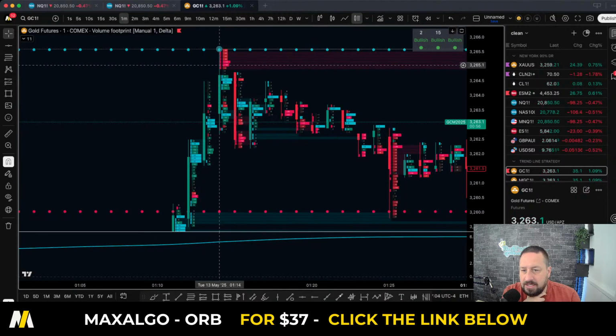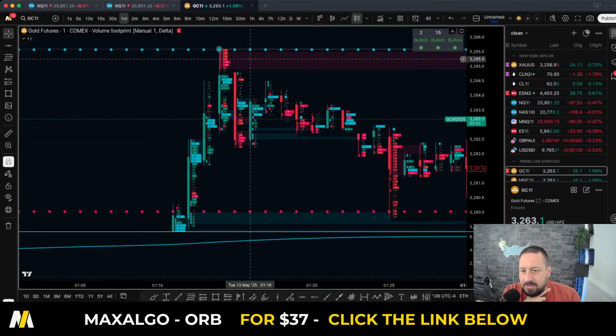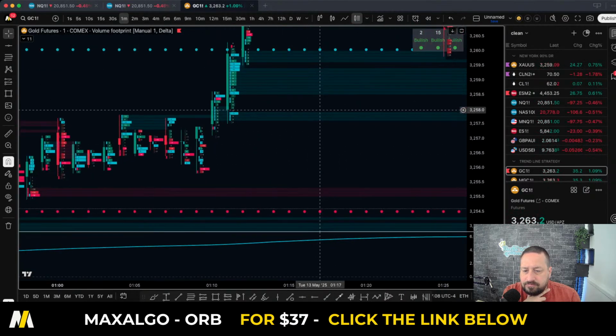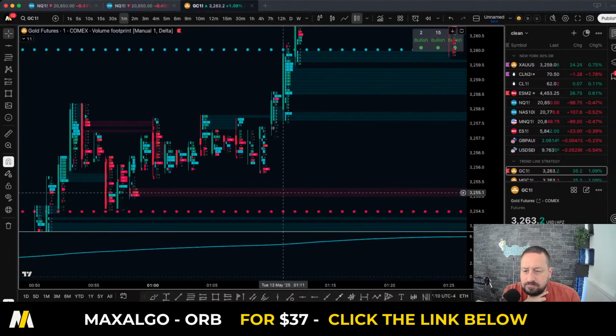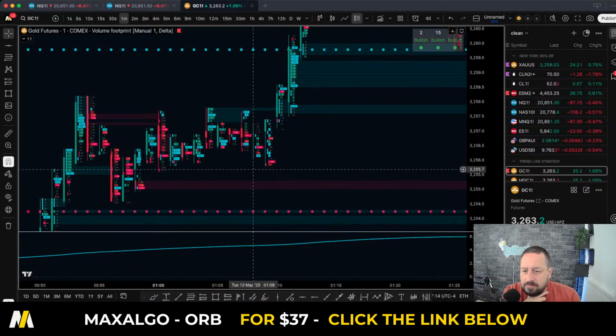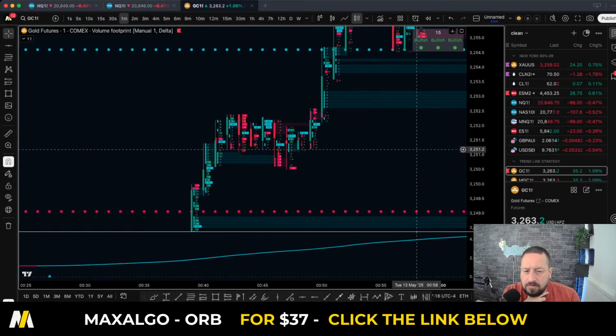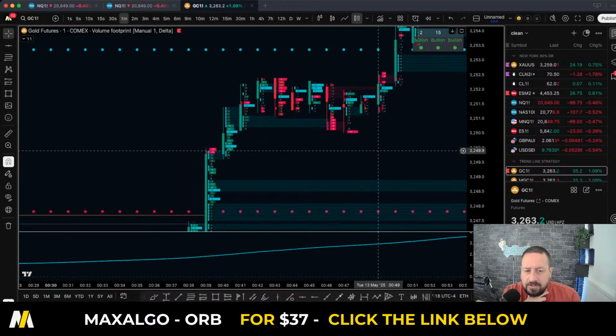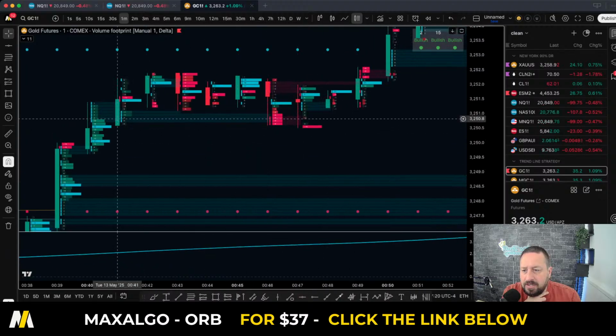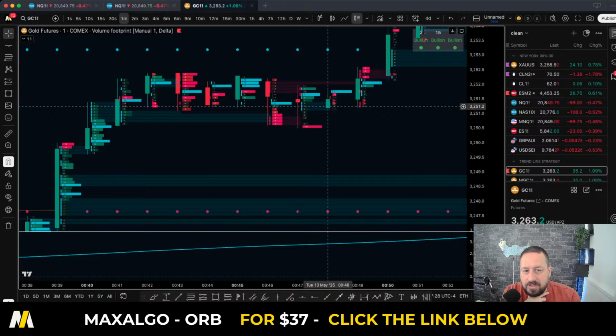We'd want to see buyers step in at that point, not sellers. So like here, good example, right? Inside this, got this lot of volume around here. Sellers step in, and then at that same area, they can't take price lower.